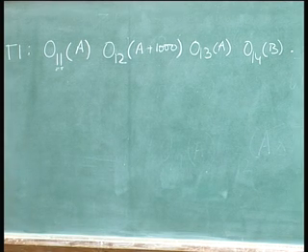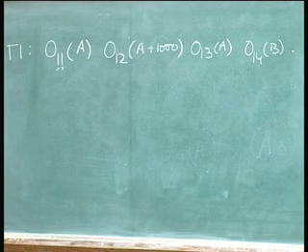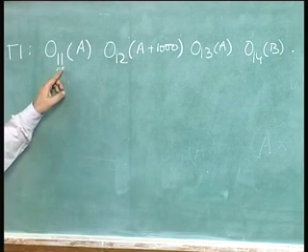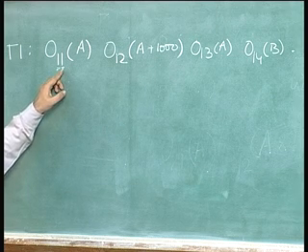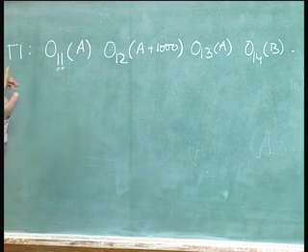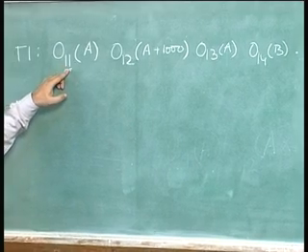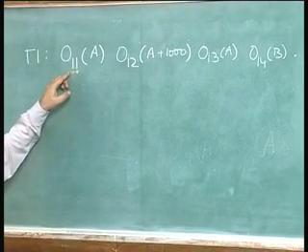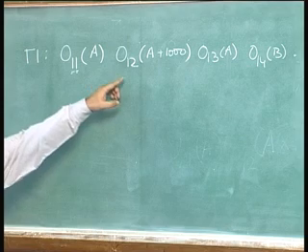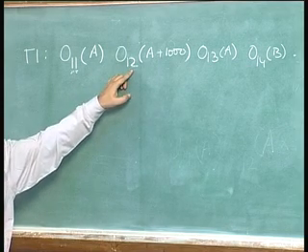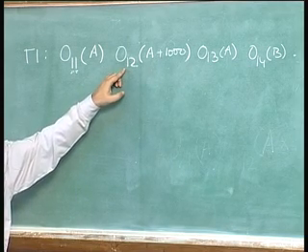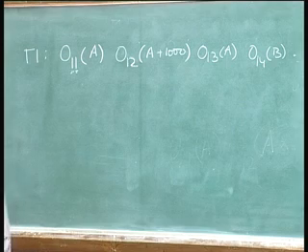One is the transaction ID, and the other one indicates that it is the first operation. So, operation 1 indicates that this is the first instruction of transaction 1. This indicates that it is the second instruction of transaction 1, like that it is shown here.